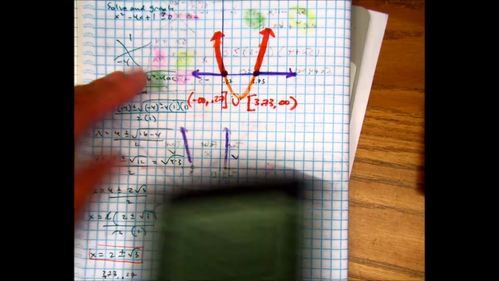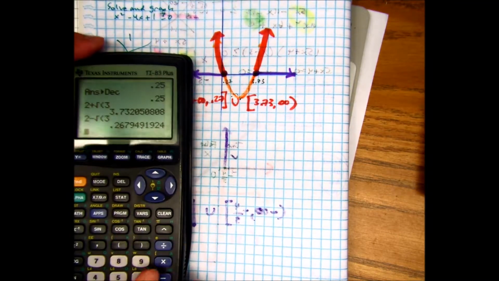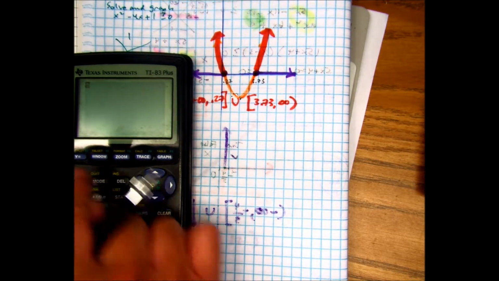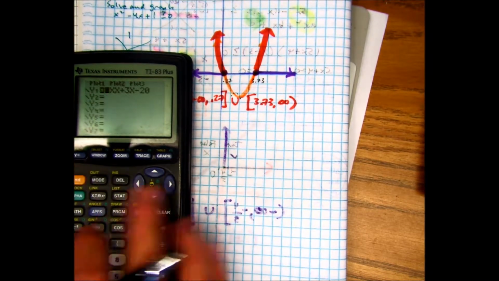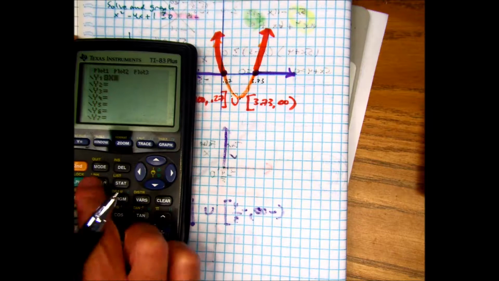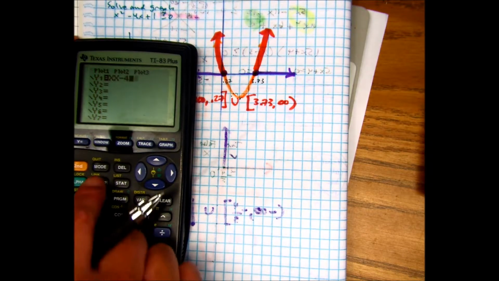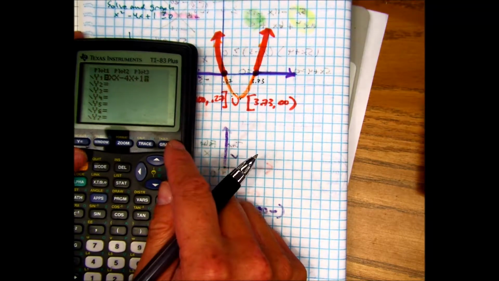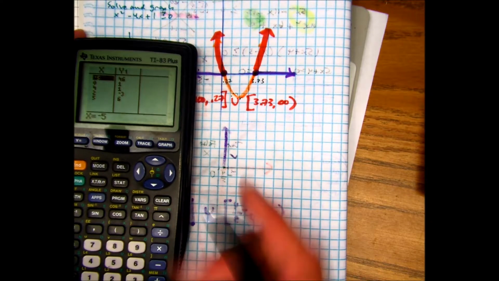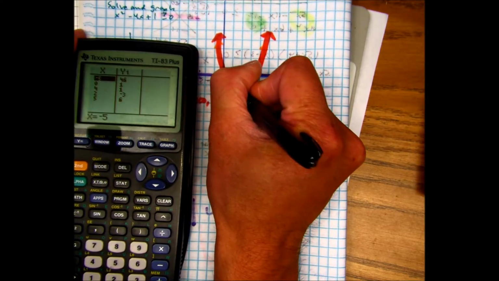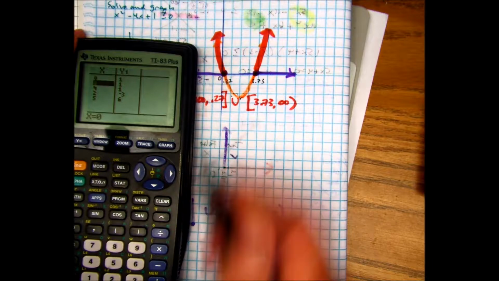Remember, we learned to use our calculators. So if I put this function in, x squared minus 4x plus 1, go to my table, and I can test some numbers like 0. 0 gives 1.